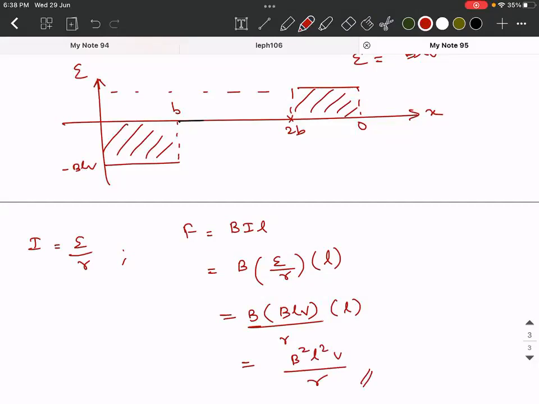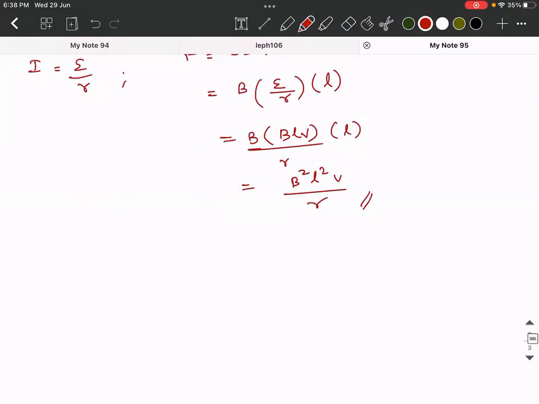So how much force are we supposed to apply to ensure that it is pulled? It is almost the same force, but with a reverse direction. So how is the graph for this? Between x is equal to 0 to b, it will be minus B square L square b divided by R. b to 2b, 0.